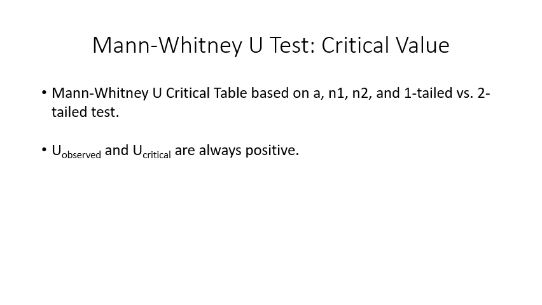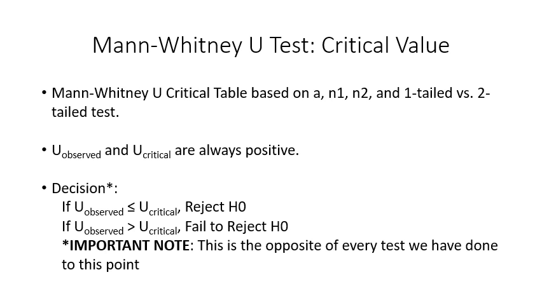Your U observed and your U critical are always going to be positive, and here's where I throw you a curveball. This annoys me to no end. I can't tell you how much this annoys me, but the way the initial people who made this test did it is the opposite of every test we've done so far. If your observed is less than or equal to your critical, you reject H0.